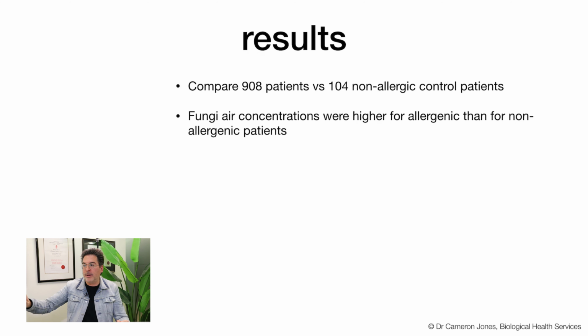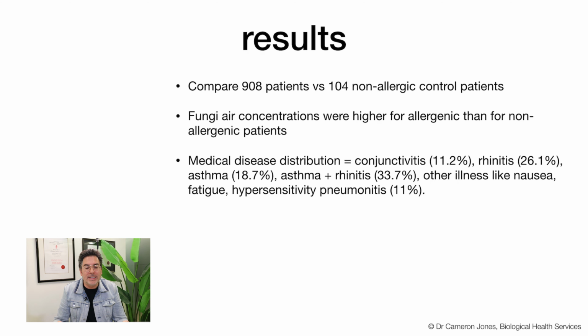And the medical disease distribution was asthma and rhinitis. The key one here is asthma and rhinitis at 33.7%, rhinitis at 26.1%, and asthma alone at 18.7%, and those with hypersensitivity pneumonitis at 11%.